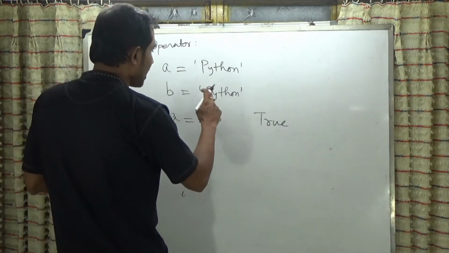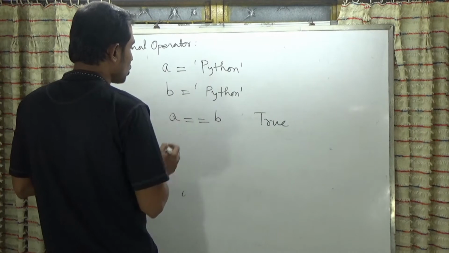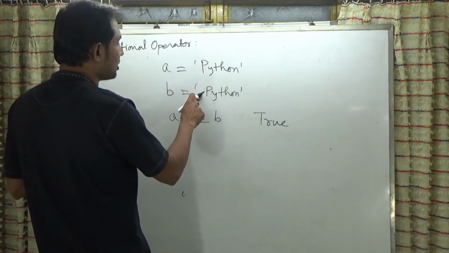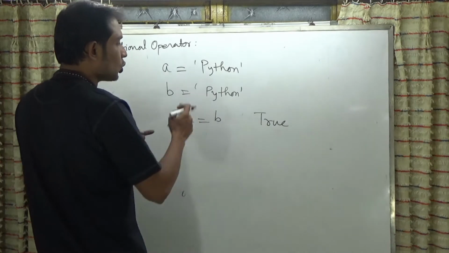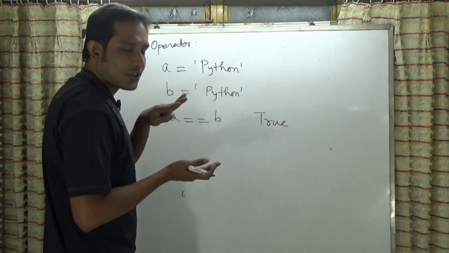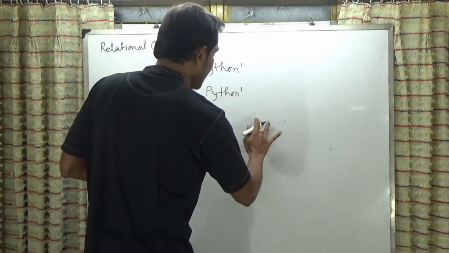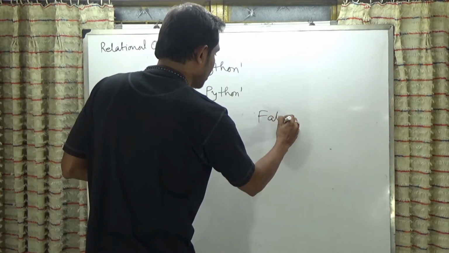Suppose I put an extra space here: now the first character P is checked against the first character, the space, and the ASCII values are not the same, so it returns false.